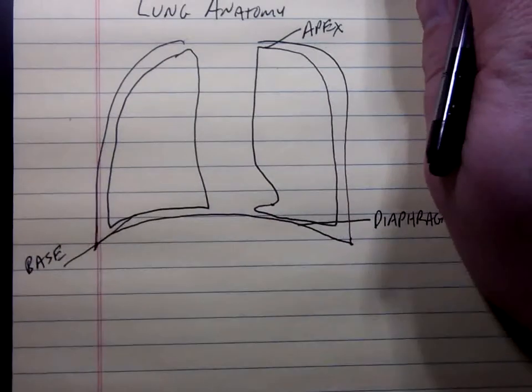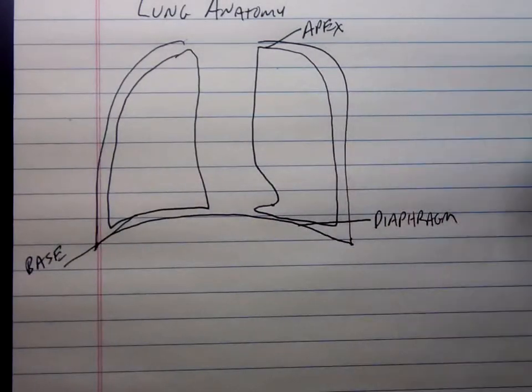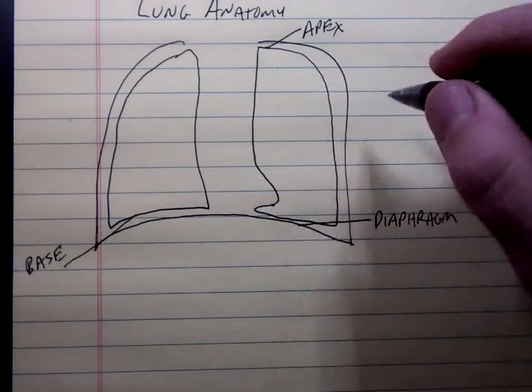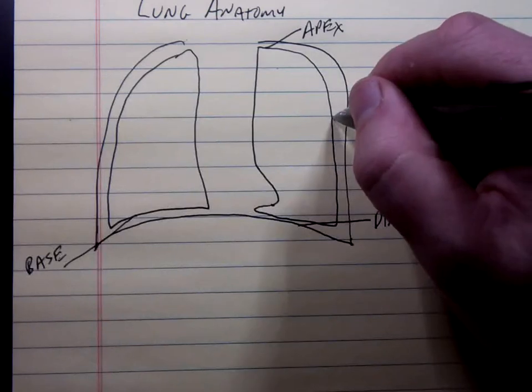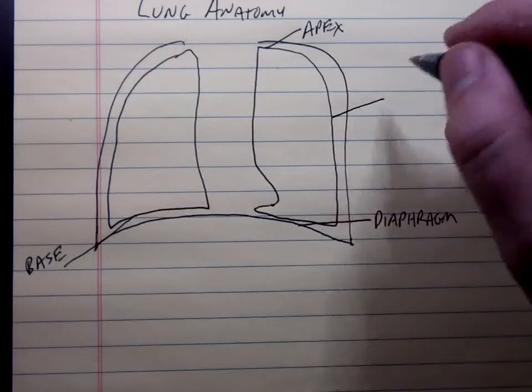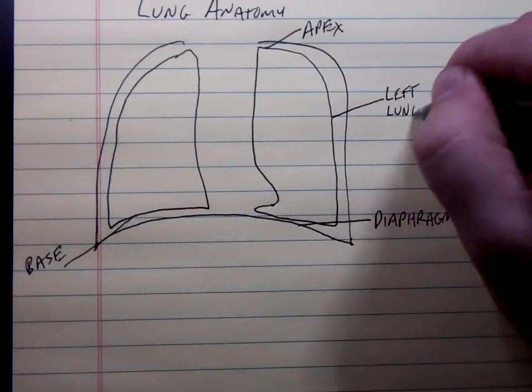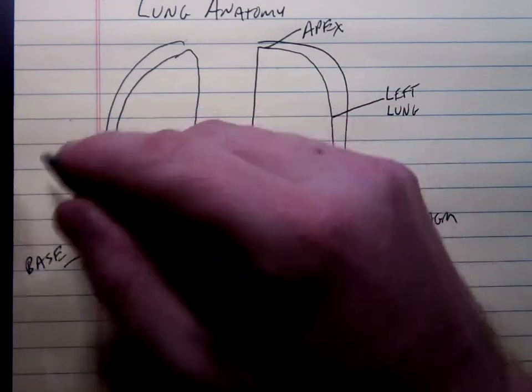Oh, it gets even easier. You're going to thank the anatomy student that was you first semester for knowing this anatomy, because a lot of it's very logically named. Which lung is this? Left. And this is right lung.